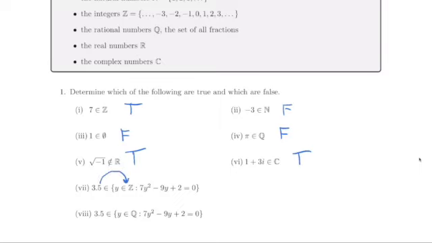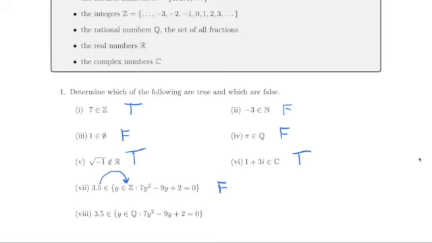Just to quickly go through these in case you had any questions: since 3.5 is not an integer, regardless of what happens when I plug it into the equation, that's going to be false. This set contains elements that are, first of all, integers, and second of all, satisfy that equation.